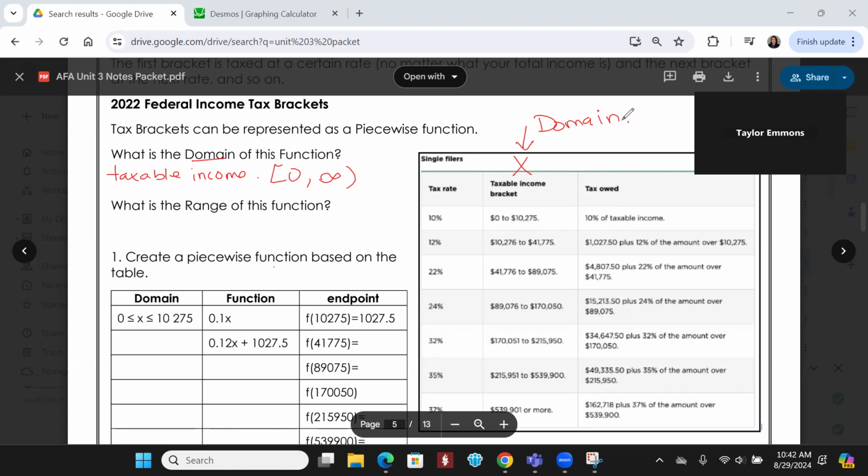Now your range in this instance for our piecewise is going to be the tax rates, and we're going to do that down at the bottom.